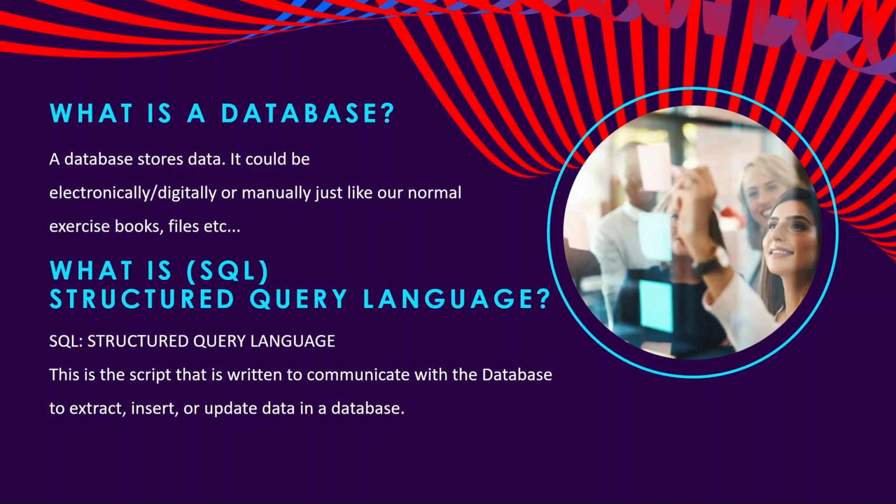When you add all that information, you click save. At that time, you are inserting data into that database. When you are searching for that phone number at a later time, you are extracting data out of the database. When you want to edit, probably you want to change the name or add an email address, you are updating that data in the database.